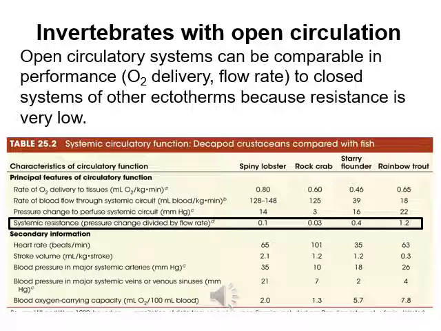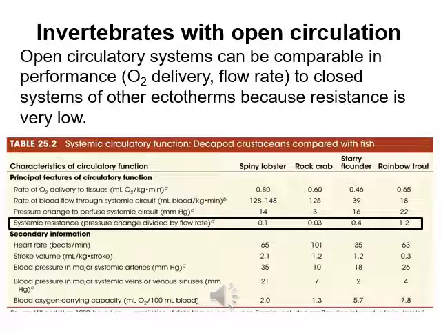This table compares a variety of circulatory functions between a spiny lobster, a rock crab, and two types of fish, starry flounder and a rainbow trout. You can see that the rates of O2 delivery are actually pretty comparable among them. The rate of blood flow is actually very much higher in the crab and lobster than the flounder and trout.